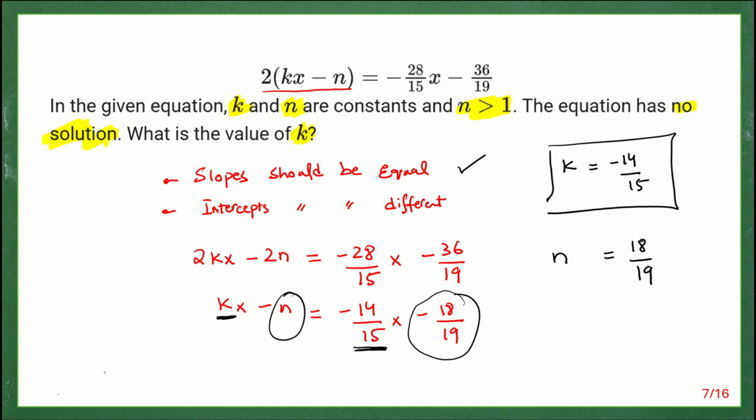And if I compare these two, we are given in the problem that the n value is greater than 1, whereas 18 over 19 is less than 1. So they are not equal to one another, and both of the conditions are satisfied. So the value of k is negative 14 over 15 for this problem here.